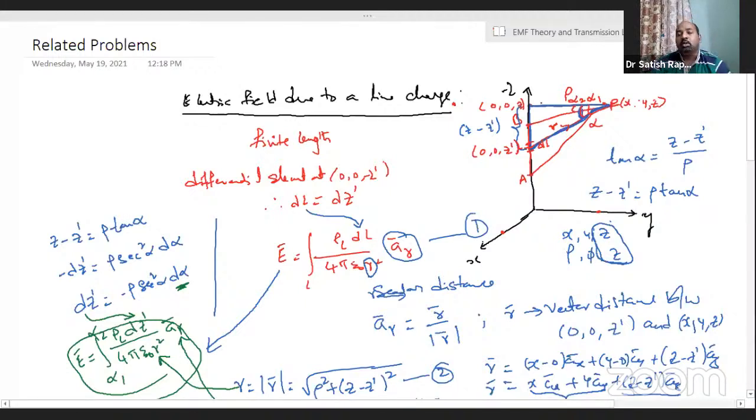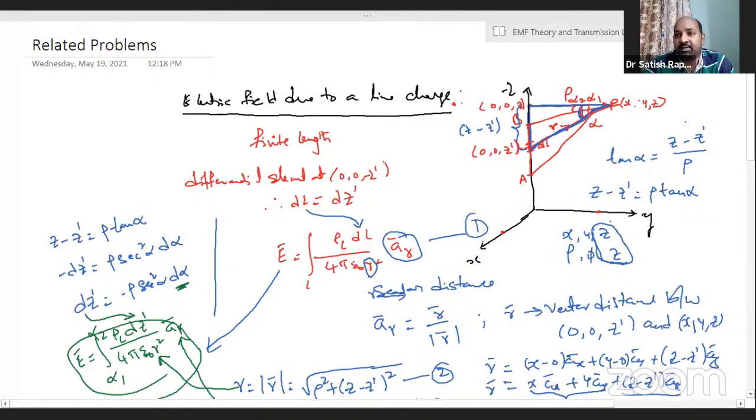So in my last class I discussed the electric field due to a line charge. If we consider a line charge along the z-axis, what is the electric field at a point P?